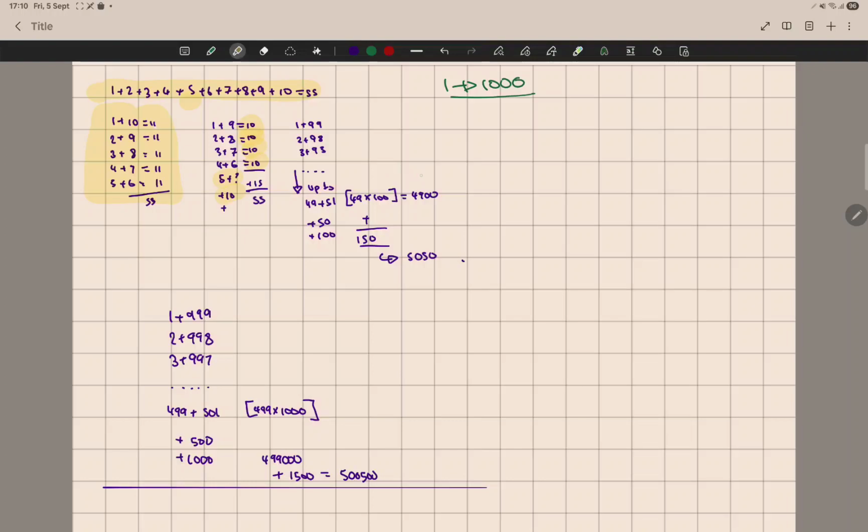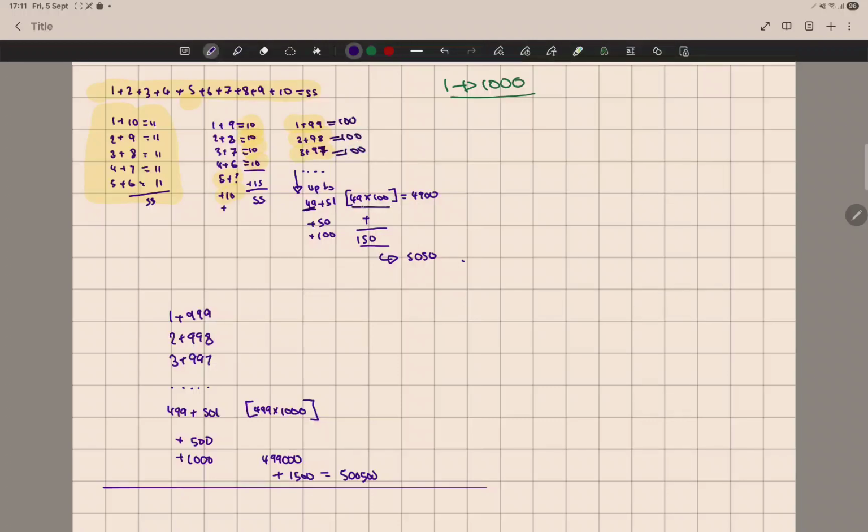Now, if you want to do the same thing up to 100, you can say I can add 1 and 99, 2 plus 98, 3 plus 97. And then you will do this all the way up to 49. You'll do it 49 times. So there'll be 49 pairs that add up to 100.